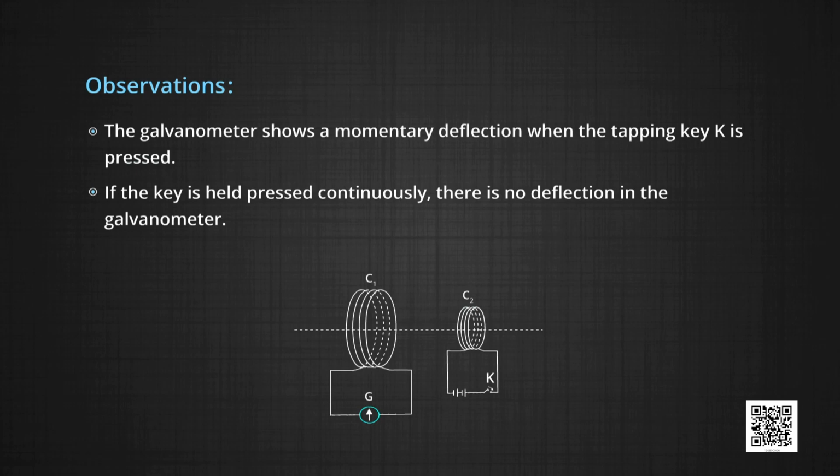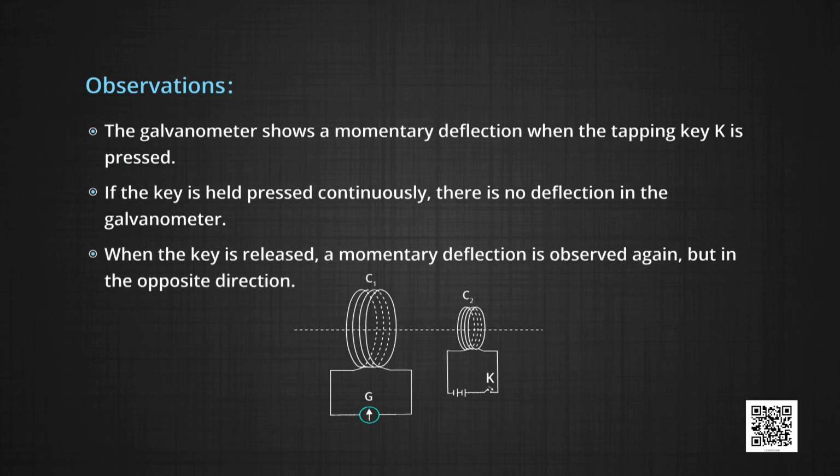Now, if the key is held pressed continuously, there is no deflection in the galvanometer. When the key is released, a momentary deflection is observed again, but in the opposite direction.